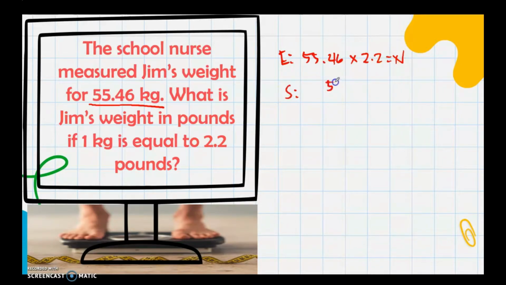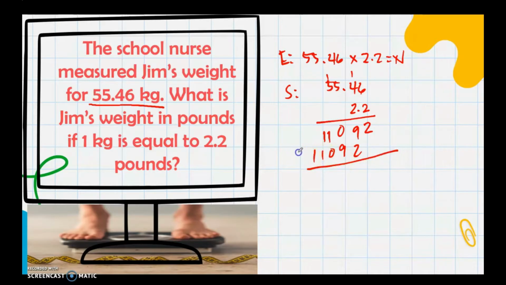Solution, 55.46 times 2.2. We have, so this is 12, 1, 9, 10, 1, 11. Just have to copy because it's the same. 2, 9, 0, 1, 1. Then add 2, 11, carry 1, 10, carry 1, 2, 2, 1.